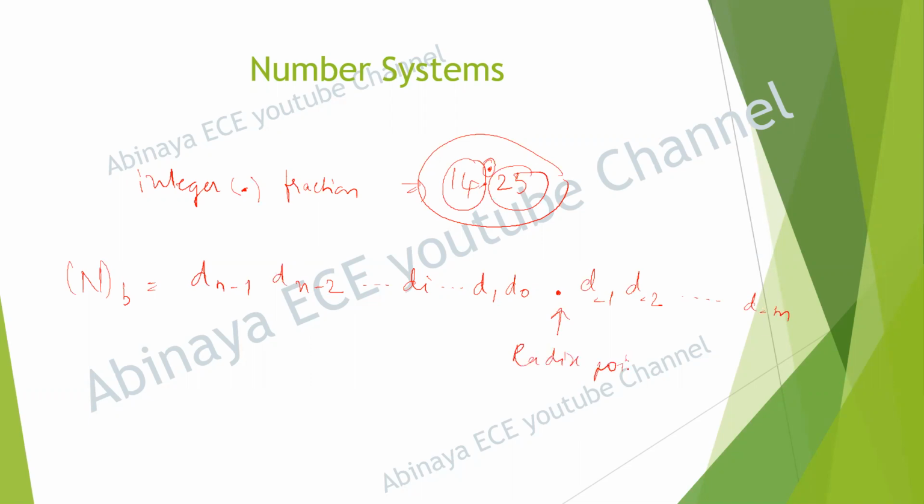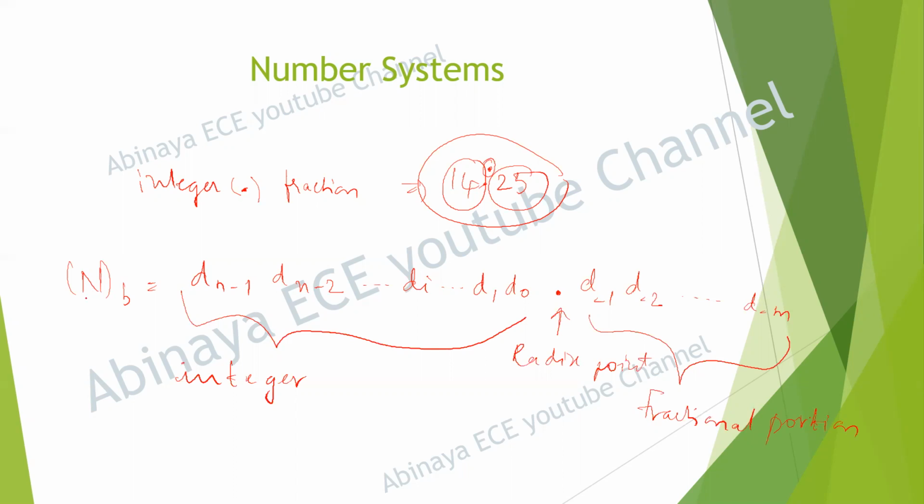So this is actually the number. This whole part is the integer and this whole part is the fractional portion. So this is about the number system.